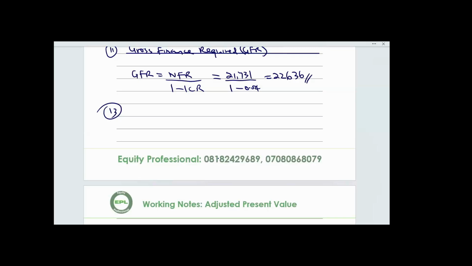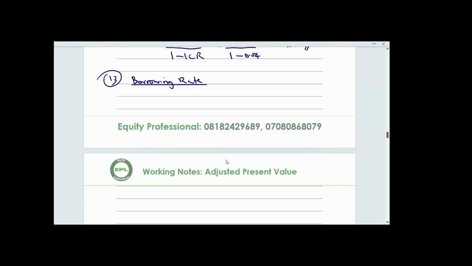Therefore, to now determine the cost of borrowing rate, it is the borrowing rate for Alcantara, not for the proxy company. Okay? So let's go back to the question where we are given information on borrowing rates.